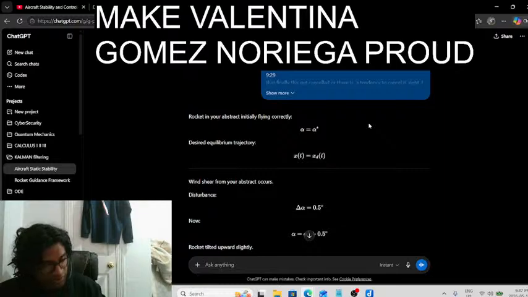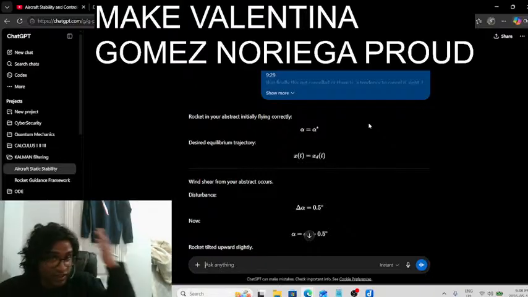So in my abstract, I'm going to have that the disturbance initially alpha is alpha conjugate, which means x of t is the same as x d of t. So there is no disturbance because you're literally ascending, right?